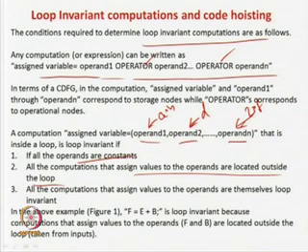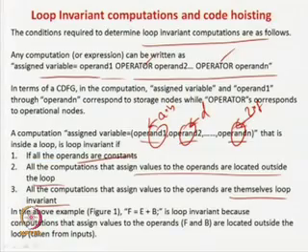And third, the computations that assign values to operations inside the loop are invariant. So there is a recursive definition. The basic idea is that if you find that these operands are something whose values do not change inside the loop, either they are constants, then their values will not be changed inside the loop. If they are operands like operand 1, operand 2, operand 3 etc. assigned values outside the loop, then also their values will not change inside the loop.